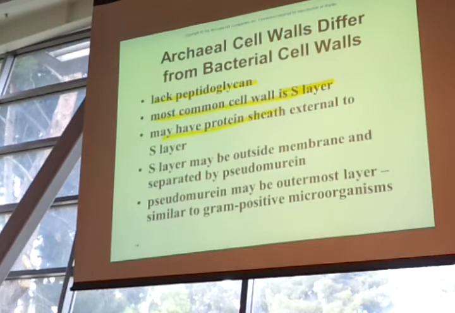It may have a protein sheath external to the S layer. Here is that term pseudomurein. Remember how the peptidoglycan said in parentheses, sometimes it's called the murein layer. That's where the pseudomurein comes from, because this is not a peptidoglycan layer, but it's similar.